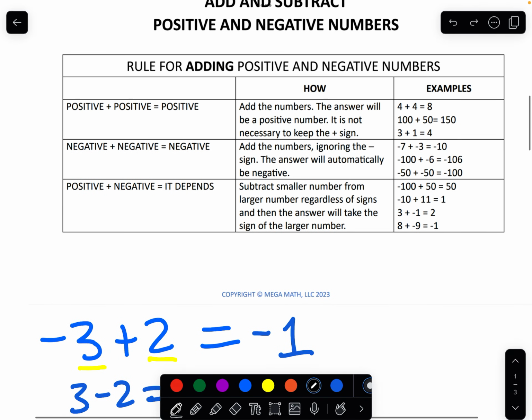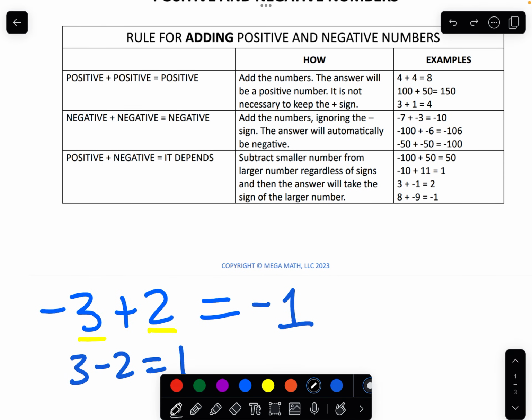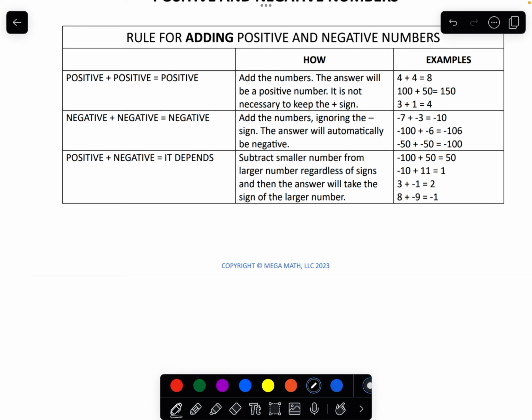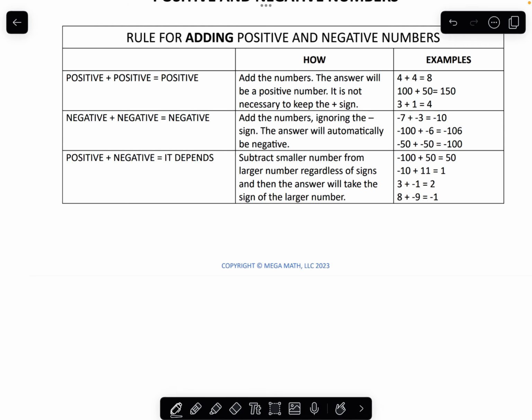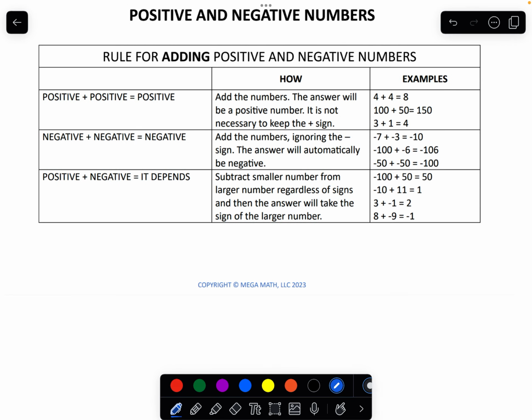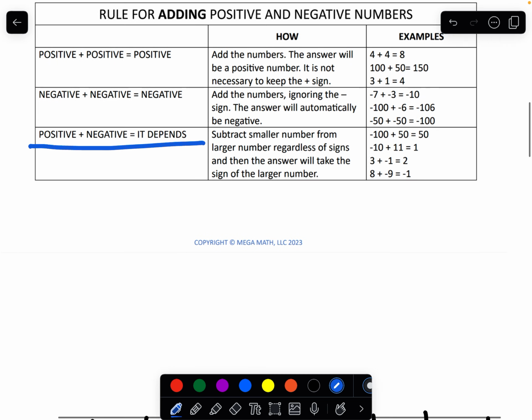Let's do some more examples here. And once you practice this a lot, honestly, you won't need to remember the rules because it will just come naturally to you, like riding a bike. You will know exactly what to do. So again, we're doing positive plus negative. It depends.